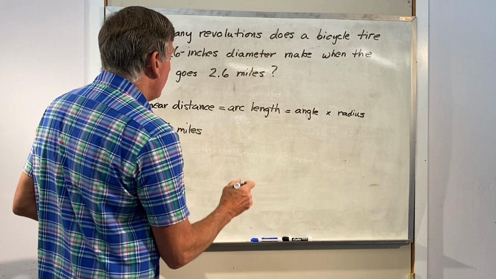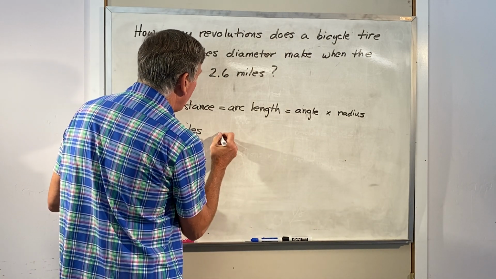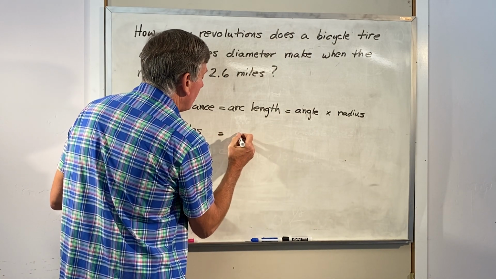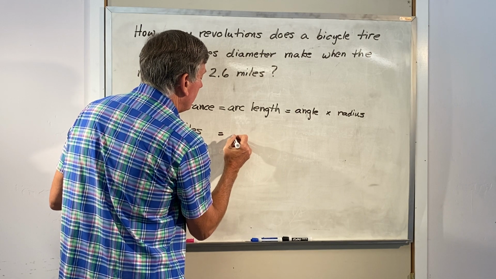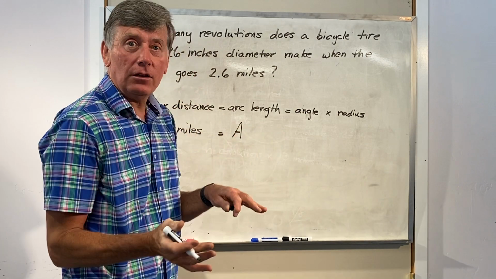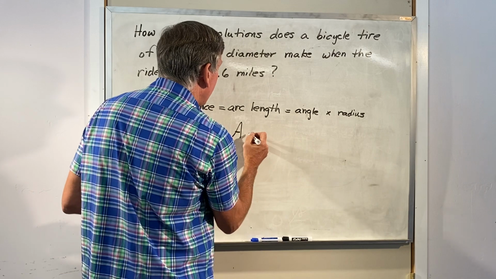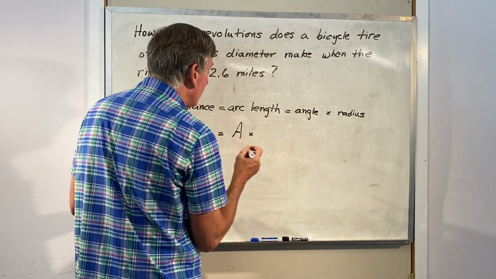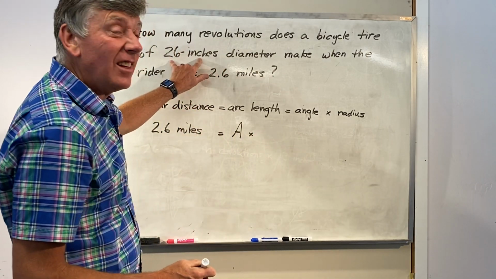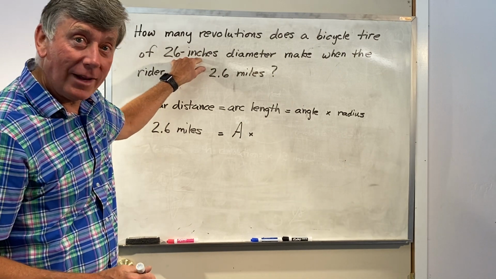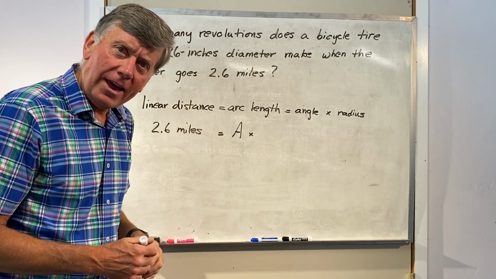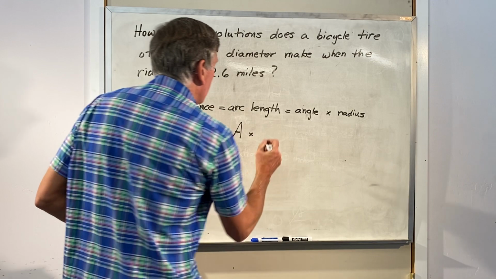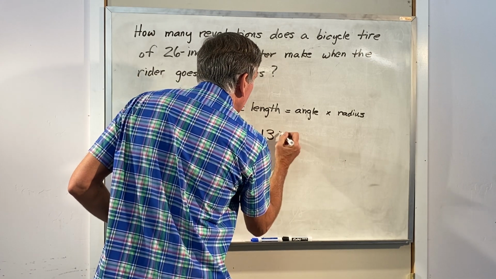The angle, that's what we want to know. Let's just call that equal to some number, capital A for angle, times the radius. Here's where a lot of students, I said the diameter is 26 inches, the radius is half of that, it's 13. So A times 13 inches.